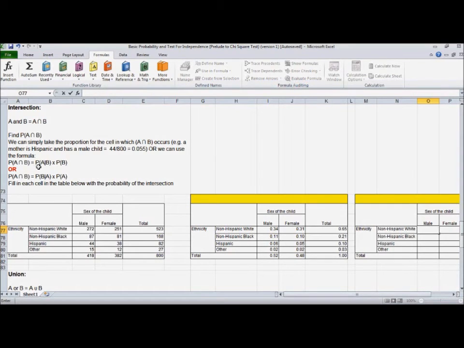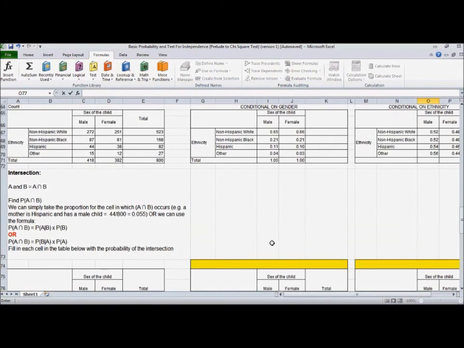The probability of A and B equals the probability of A, non-Hispanic white, given male, times the probability of male. So we have two tables of conditional probabilities. We see one conditional on gender, one conditional on ethnicity. I said A was the event that a mother was non-Hispanic white, and B was the event that a child was male.